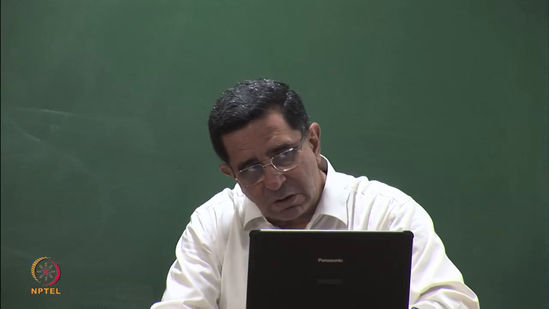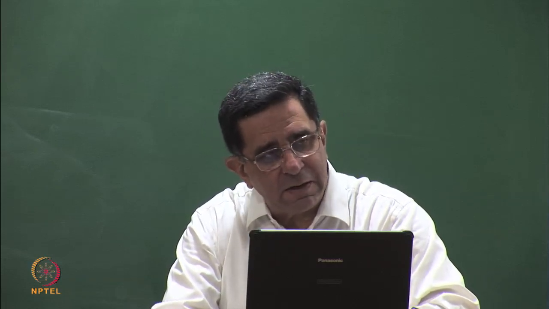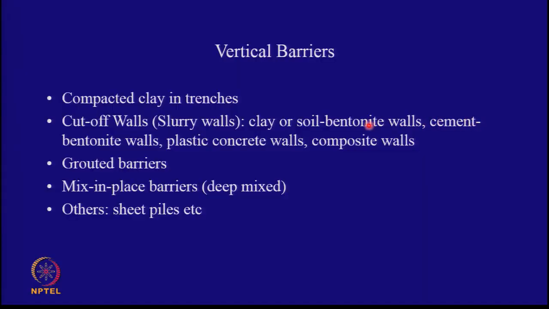You want flexible walls, so you typically tend to use a soil wall, clay or soil plus bentonite or bentonite plus cement or soil plus bentonite and cement. We can have grouted barriers and we can have deep mixed barriers, and we can also put sheet piles. But cut-off walls are the first and most cost effective solutions.